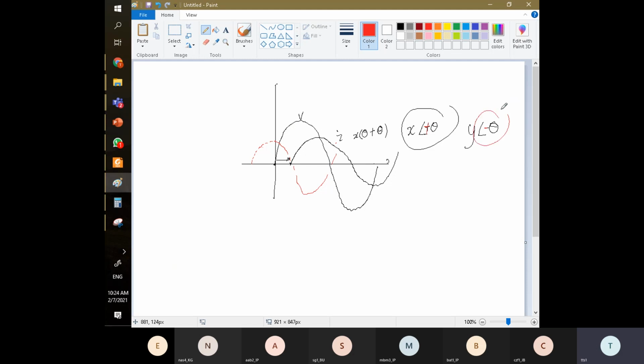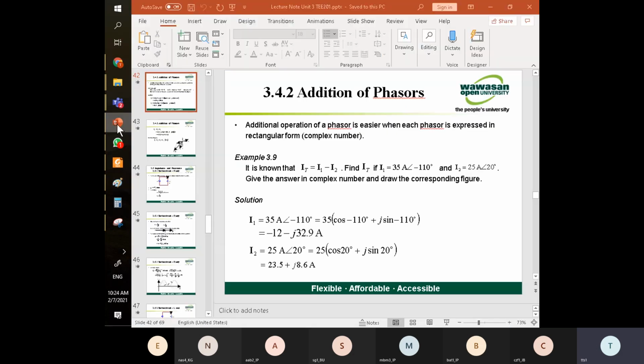Sometimes we have this changing of angle, but we need to add them together. That's why it's better to change them to this phasor form. That's why in this chapter we learn all this phasor form, like this 35 ampere at the angle of negative 110 degree. That means this one is more to the left, right? This is called the phasor.